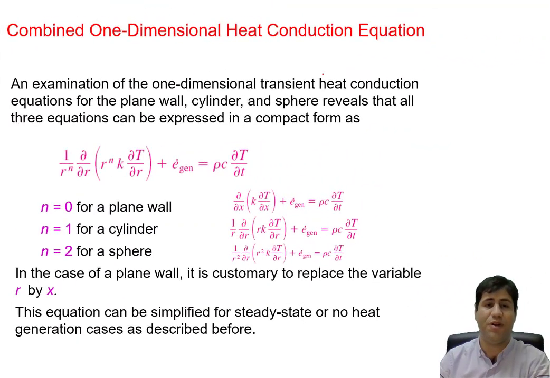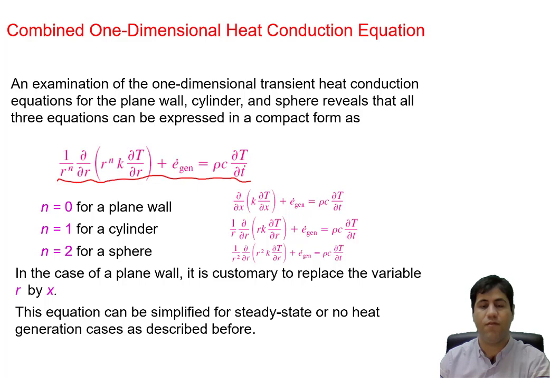An interesting property of the developed equations for the three different coordinate systems for one-dimensional heat conduction is that we can show the general equation for each of these coordinate systems in a compact form, like what you can see here.